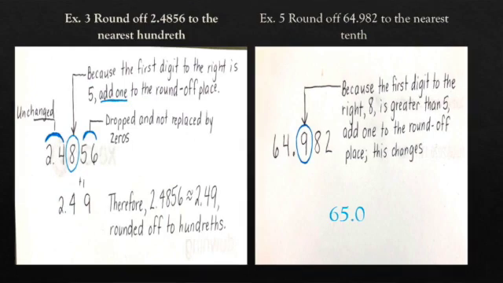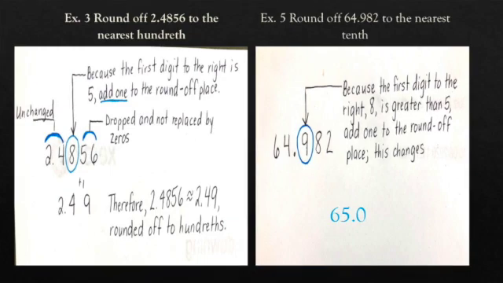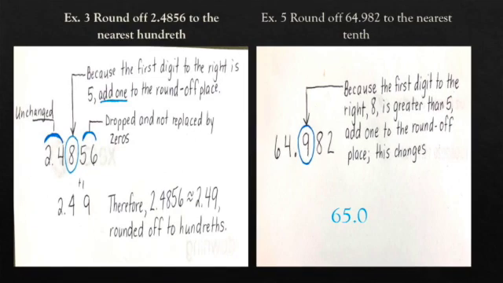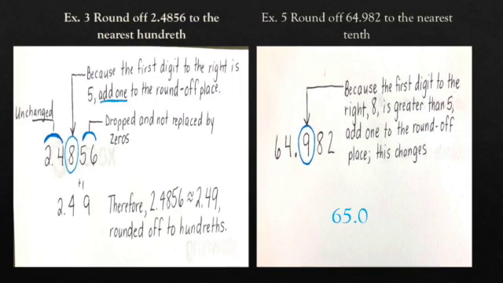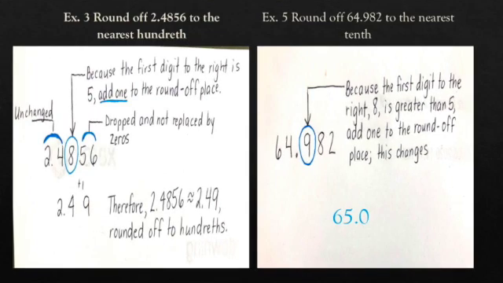In example 3, when we round off 2 and 4,856 ten-thousandths, it's asking us to round it to the nearest hundredth. So the hundredth place is 2 places to the right of the decimal, and it is a number 8. We are going to look to the right of the 8, and it is a number 5.